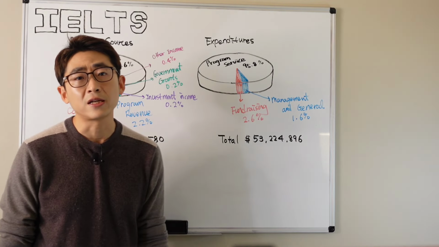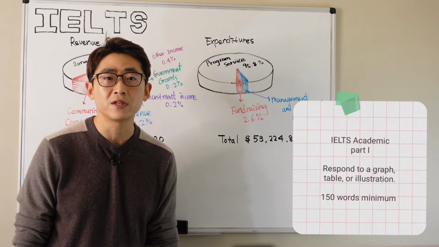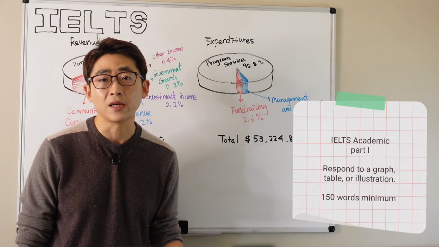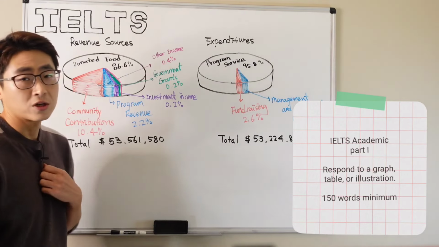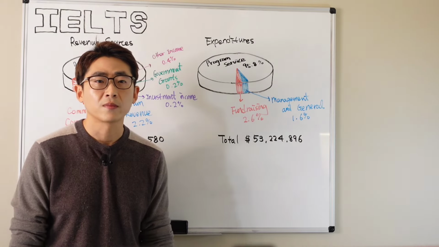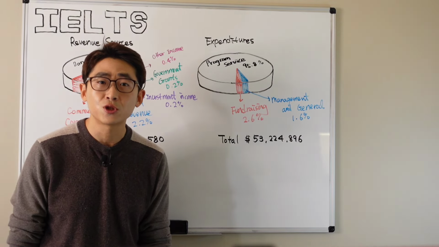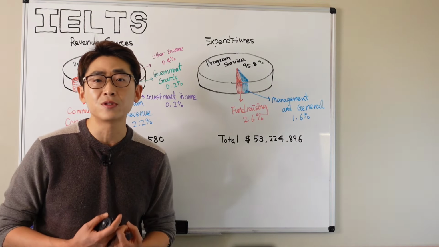Okay, for the IELTS writing task, you need to write a summary of at least 150 words in response to a particular graph, bar, line, or pie graph. And over here, I have pie charts for you. And you also need to respond to a table, chart, or process, how something works and how to do something.